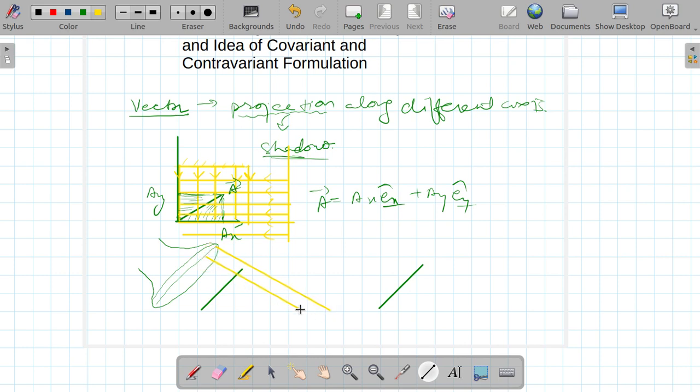A parallel beam is coming in this manner, and in that case, this is the shadow region.